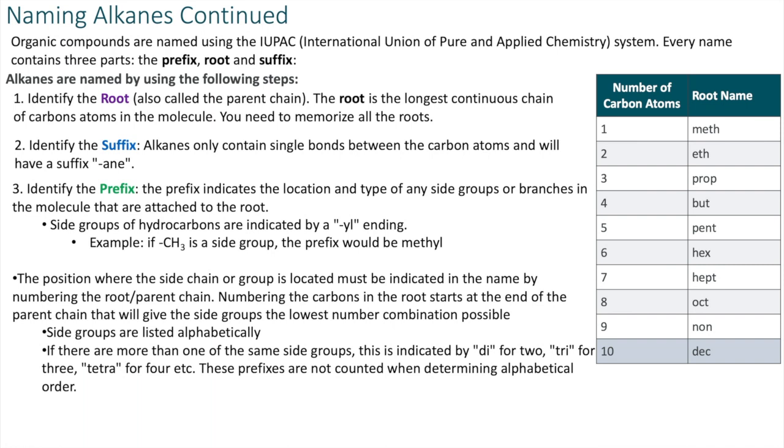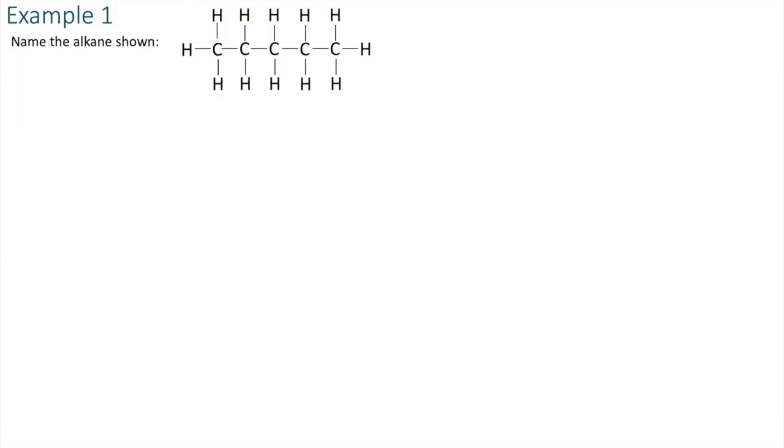These prefixes we don't count when determining alphabetical order. To separate numbers and letters we use dashes, and we use commas in between numbers. This slide is very complicated, there's a lot of information, but let's go through some examples so we understand exactly how to apply these rules. We'll take a look at some common mistakes as well.